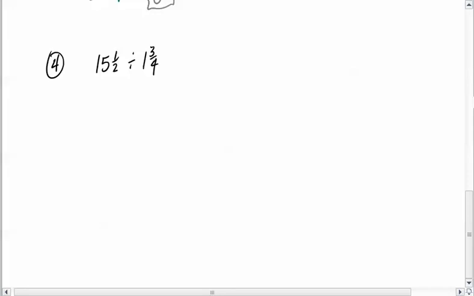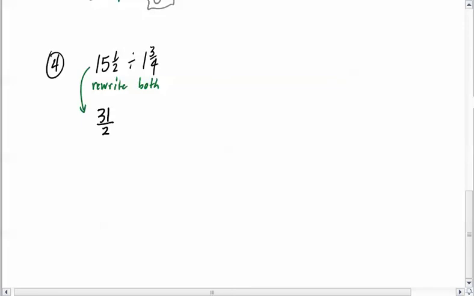This time we have a mixed number in both positions, so I'm going to rewrite both of them. Okay, so I'm going to rewrite this one as 31 halves.